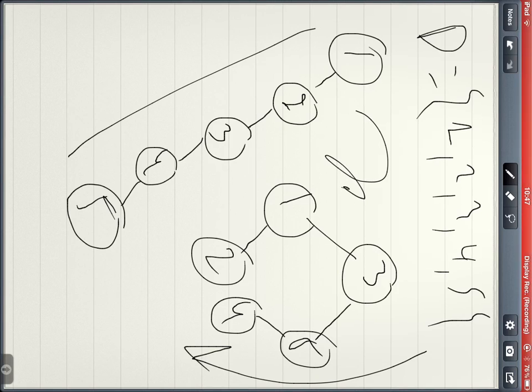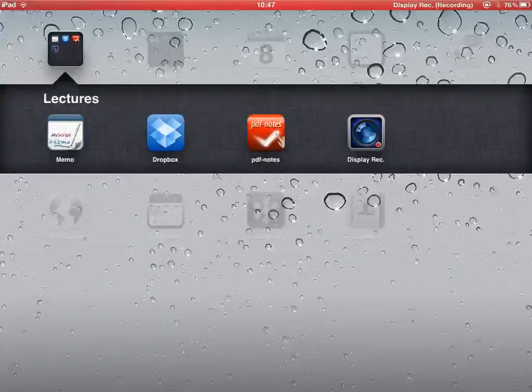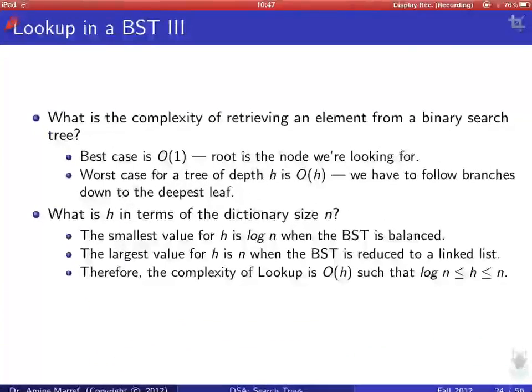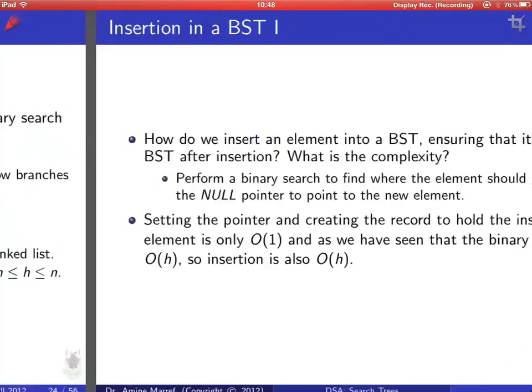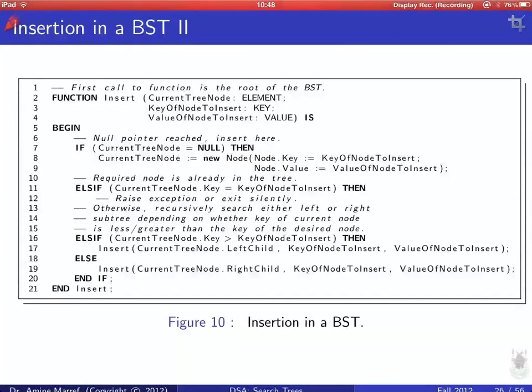Now, how about deleting y? Y has got 1 child, right? In order to delete y, all we have to do is replace it with its child. And that's fine. Why?